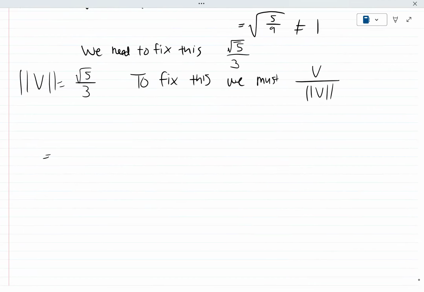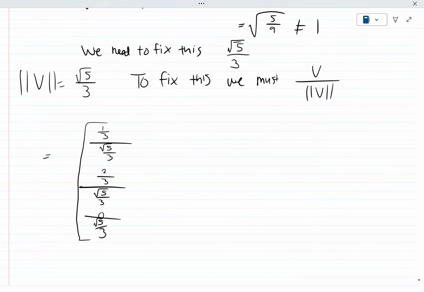It would be equal to 1/3 over the square root of 5 over 3, then 2/3 over the square root of 5 over 3, and then 0 over the square root of 5 over 3. When you clean this up, you get 1 over the square root of 5, 2 over the square root of 5, and 0.